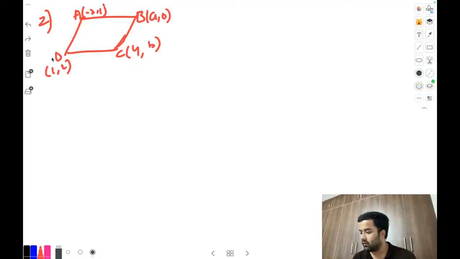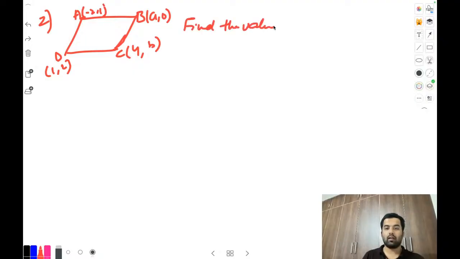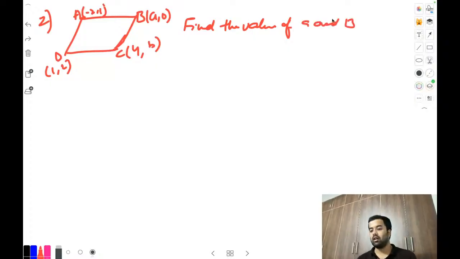Find the values of a and b. How are you going to solve this, boys and girls? If you want to try, you can try.